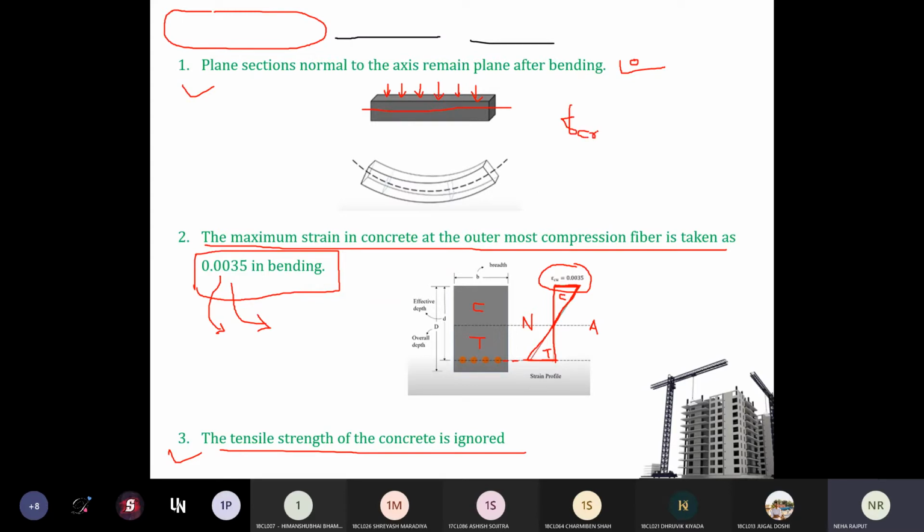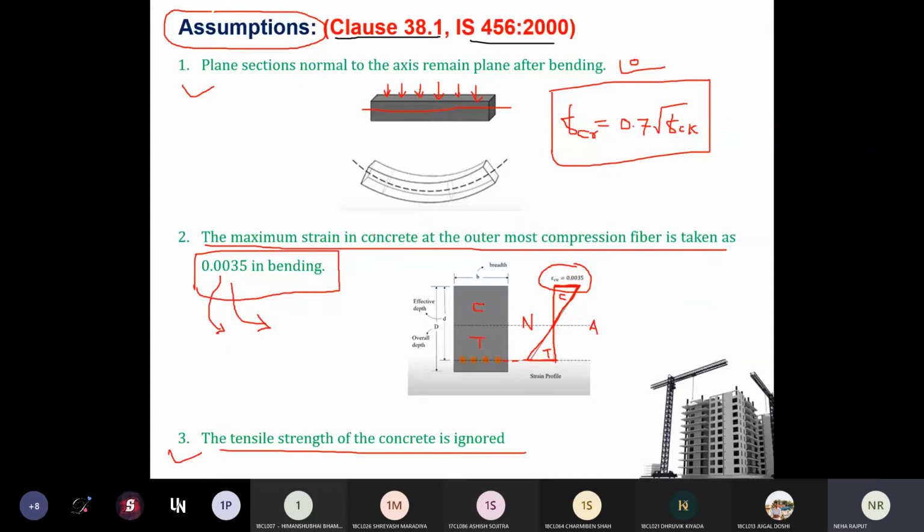Can anyone tell me? Right, this equation we have seen earlier. The tensile strength of concrete is 0.7 root fck. So this way you can get the value of the tensile strength of concrete, but for design purposes we ignore this.